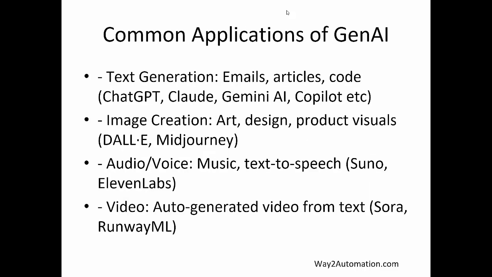Here are some of the common applications of GenAI. In case you want to do text generation for emails, for articles, for code, you can use ChatGPT, Claude, Gemini, Copilot. A lot of applications are already available these days. For image creation, art design, product visuals, you can use DALL-E, Midjourney.